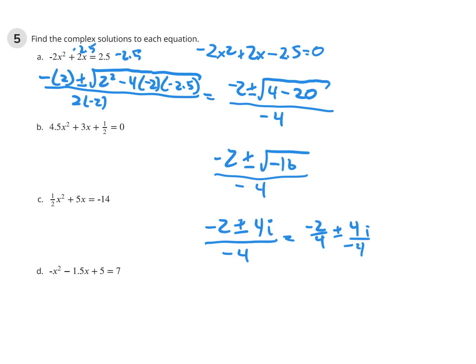Now, the tricky thing about this negative is that it gets absorbed in this plus or minus. So you could write it like this: 1/2 minus plus i, which is an odd convention, or you could just leave the plus or minus on top.